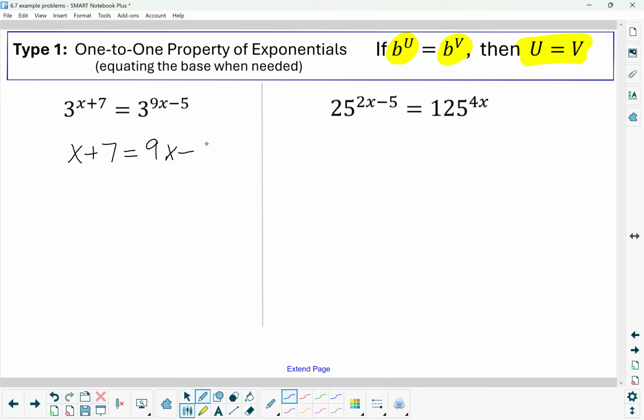So x plus 7 is equal to 9x minus 5. You guys are experts at solving these kinds of equations. We combine like terms and get 12 equals 8x, and then if we divide by 8, that's 3 halves.